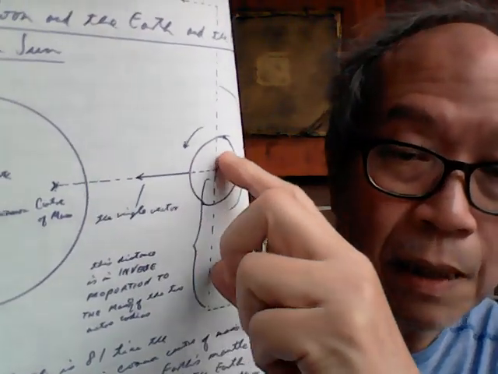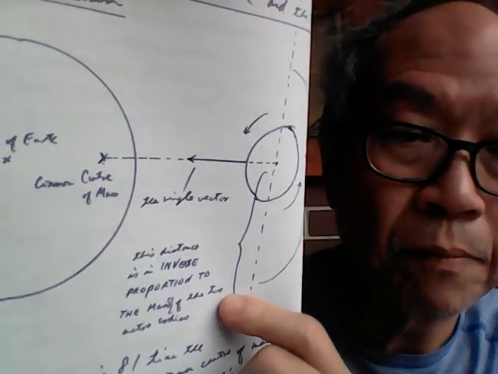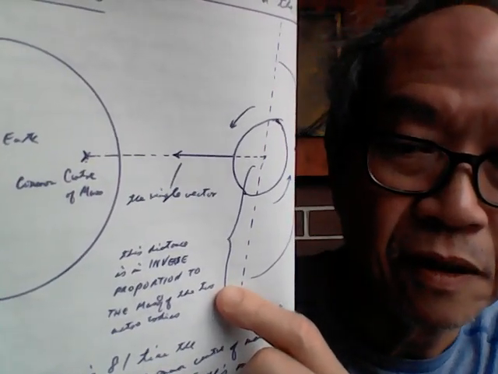And the arm of the moment of the moon revolving around the Earth is in inverse proportion to the masses of the two astral bodies.